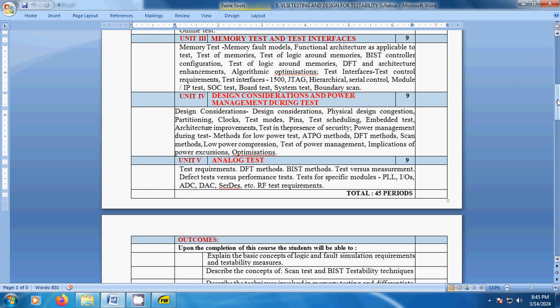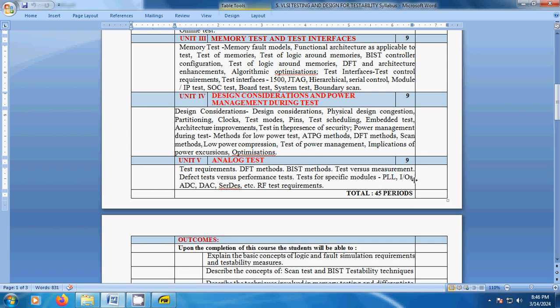That is one of the major challenges in testing an analog circuit. And after that, defect tests versus performance test.